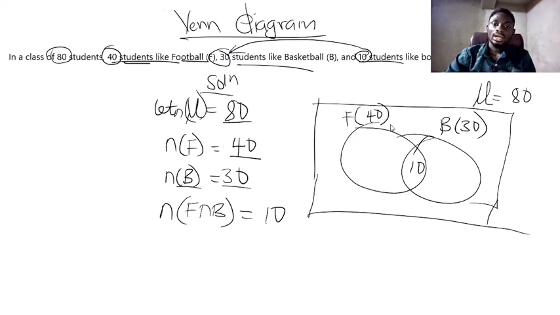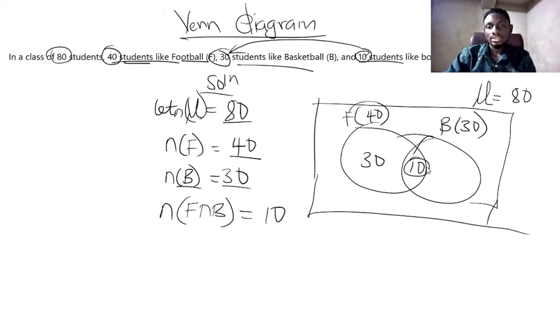Now, out of the 40 students, if you want to find the number of students who like only football, then we need to subtract the intersection from 40. And for that matter, we have 30 students who like only football. When we count those who like both football and basketball as part of the football team, they are also part of it because they are in both teams.